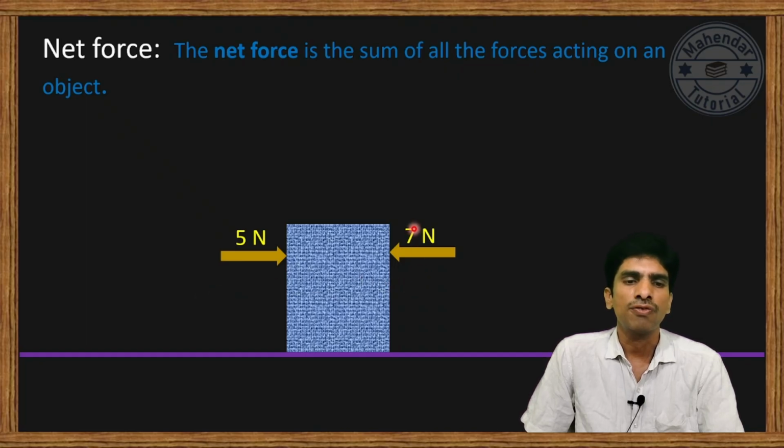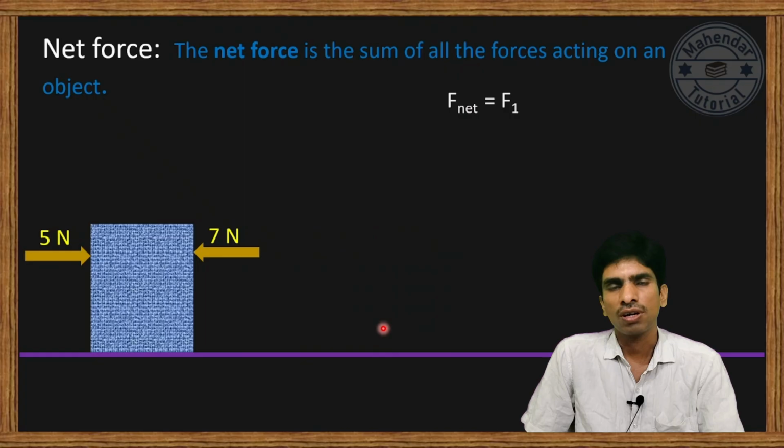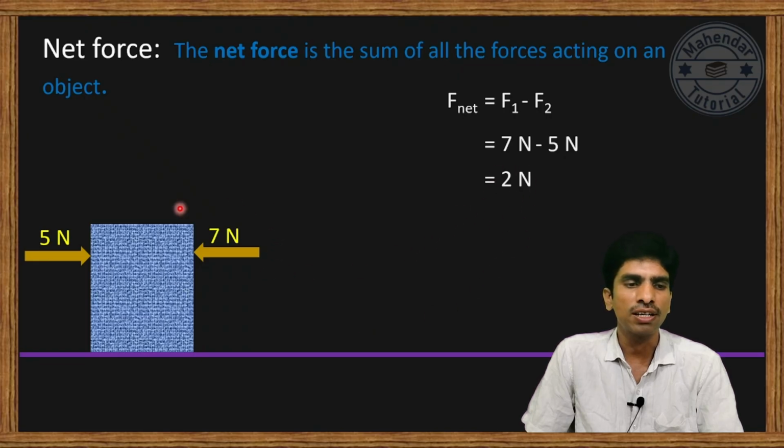Here F net is equal to F1 minus F2. F1 you take as the larger force, 7 newtons, minus 5 newtons, that is equal to 2 newtons. 2 newtons is the net force acting finally towards the left side.